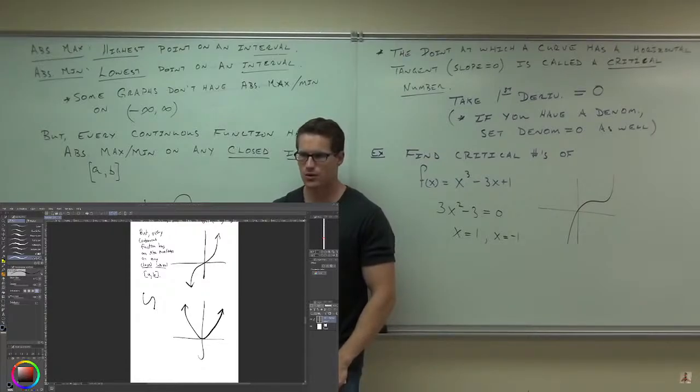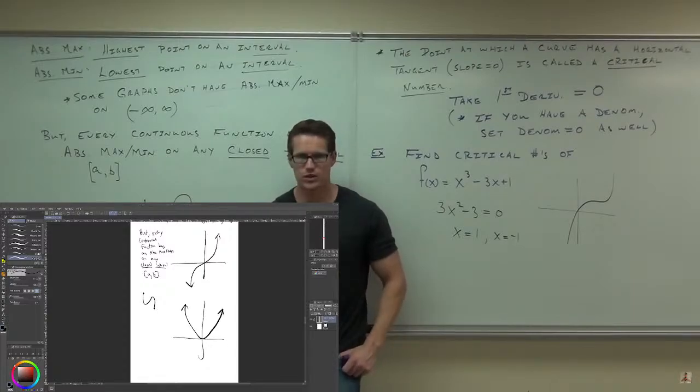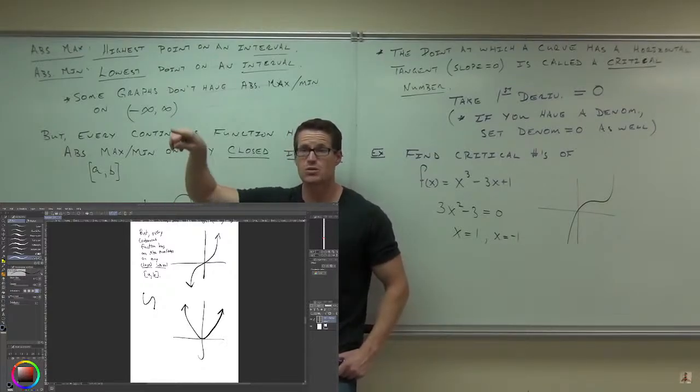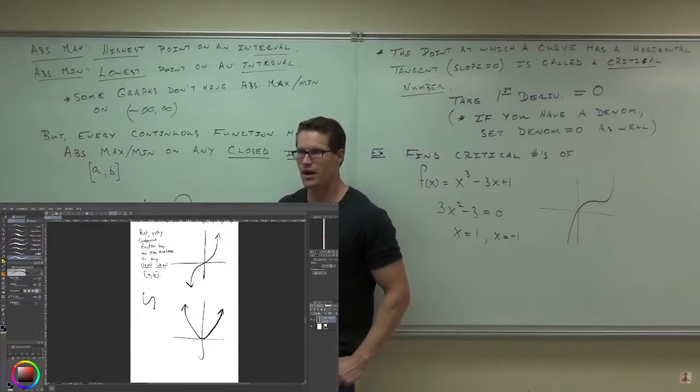Well, they're either going to occur at a relative point, where I'm switching from decreasing to increasing or increasing to decreasing, or they're going to happen at the end point. There's only two cases. It's either switching from going up to going down, that gives us a low point or a high point, or it's at the end where I would continue to go up, but I just chop it off and say, no, you stop there. And then it has to occur there. Does that make sense to you?